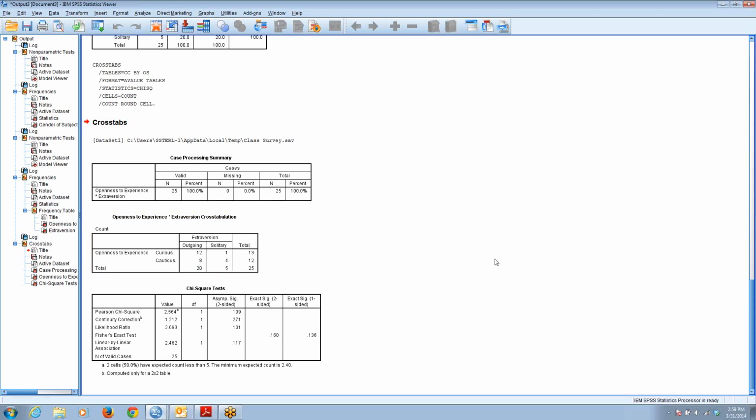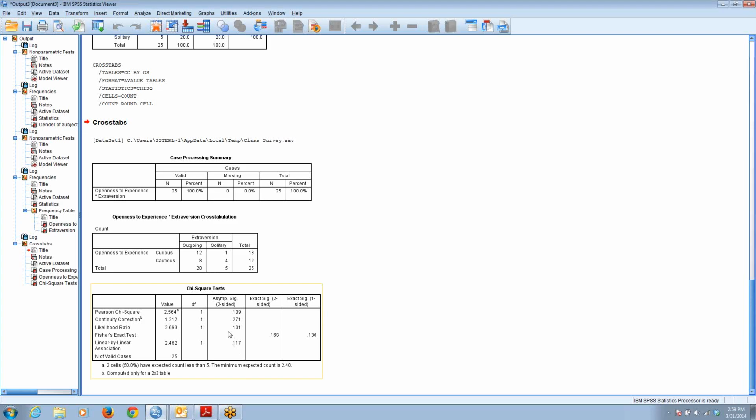And so our question is, is there a relationship between openness to experience and extroversion? And I think we would probably expect that there would be a relationship there, even though, and this is a side note, these 5 factors are supposedly orthogonal, which means they don't really interact that much with each other.